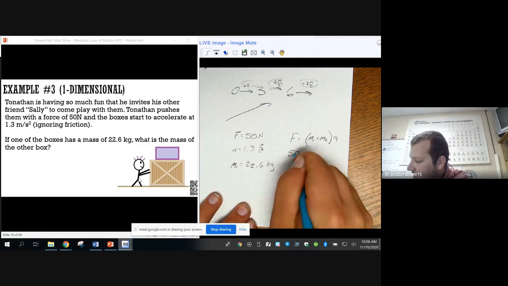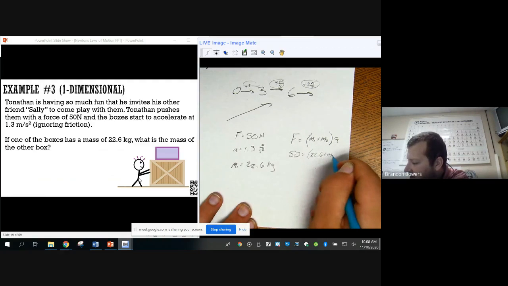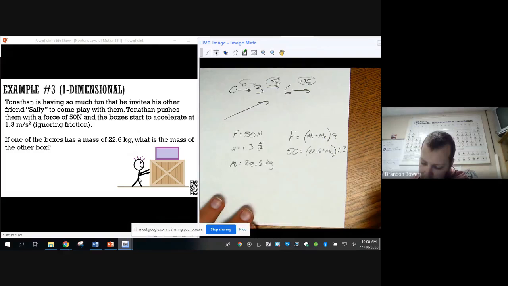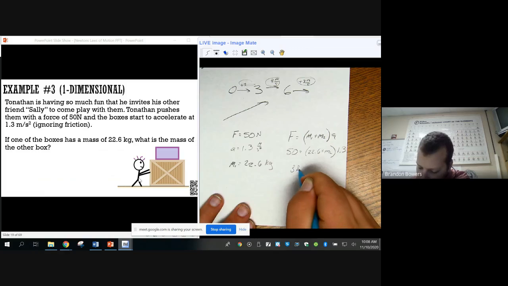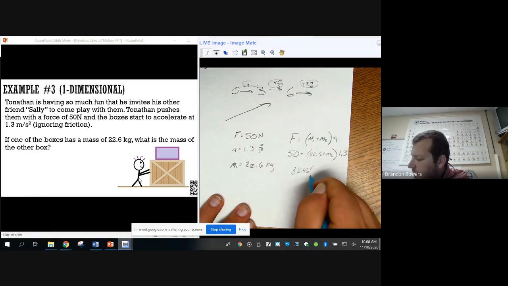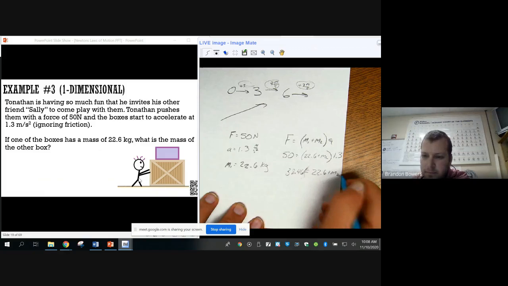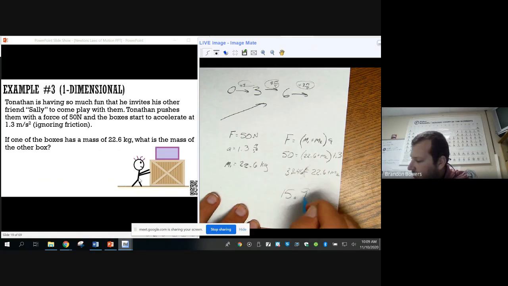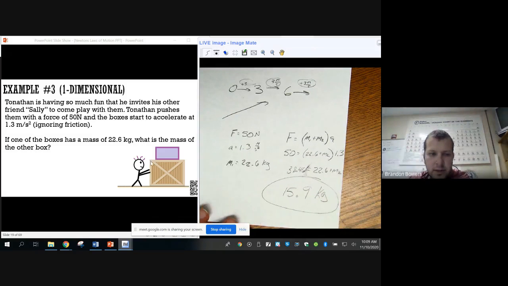So 50 is equal to 22.6 plus mass 2 times our acceleration, which is 1.3. If you divide that 1.3 over, I got 38.46. And that is equal to 22.6 plus mass 2. If you subtract the 22.6 over, I get a mass of 15.9 kilograms.